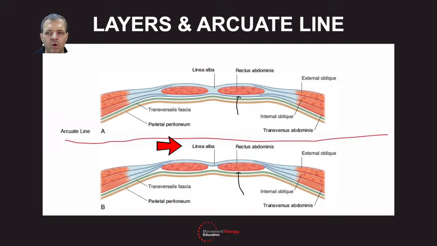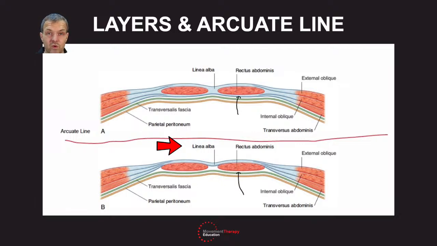The reason I'm showing you this, not just out of anatomical fascination, is because of the clinical implications of this arcuate line. The way the muscles attach to each other down the middle of the body is different from the upper portion to the lower portion, and that's clinically significant because of a risk of herniation.